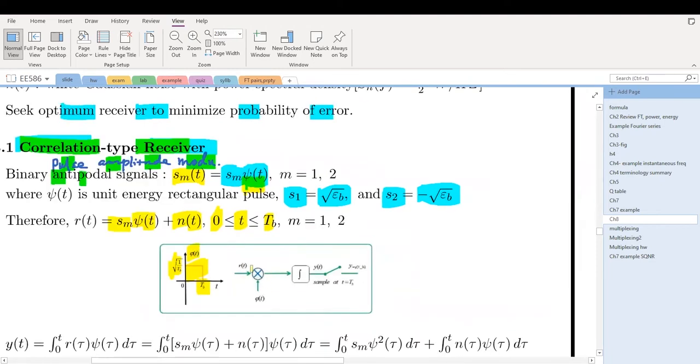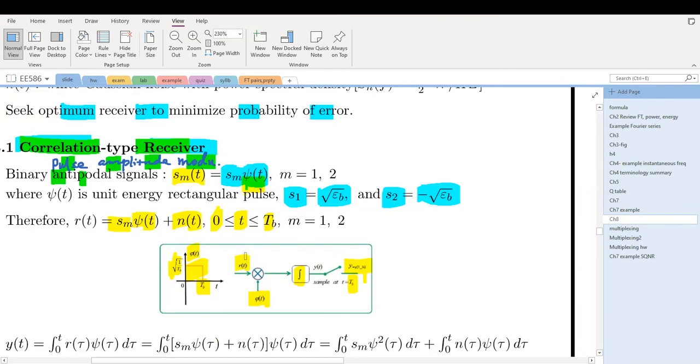At the receiver, we multiply by this base function first, and then we do an integral. Then at T_b, I sample the signal. Based on the sampled signal, we make a decision: is digital 0 transmitted or digital 1 transmitted?